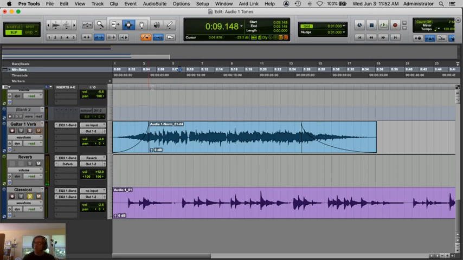Here's a classical guitar thing. Anyways, you get the idea, right? So there you go. Reverb, early reflections, direct sound, right?